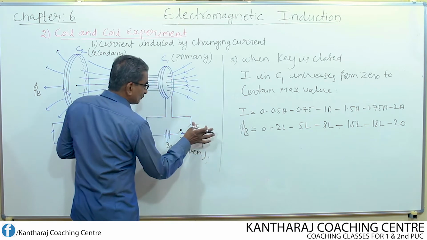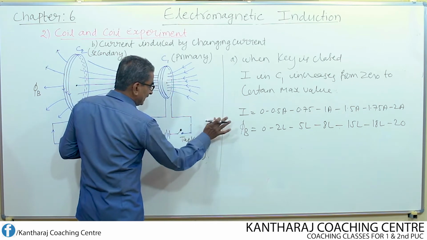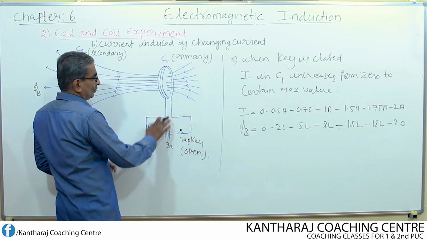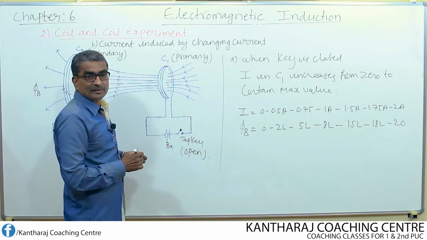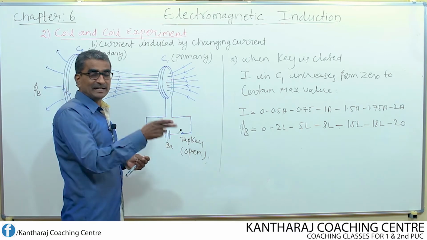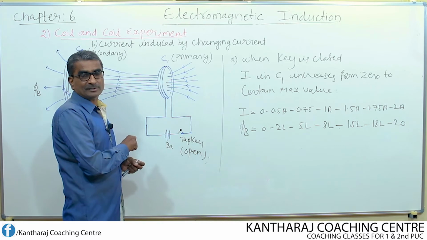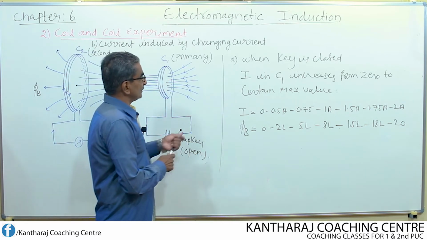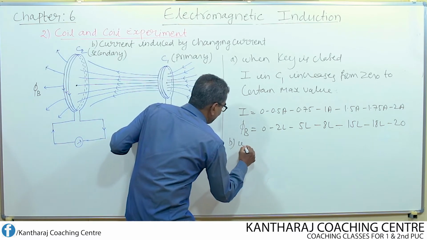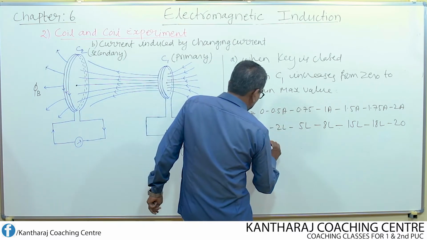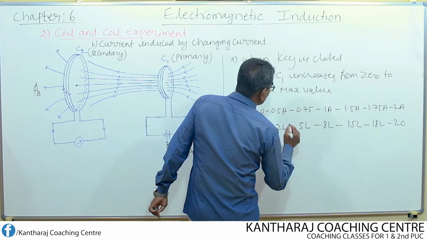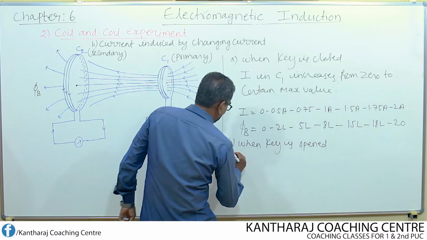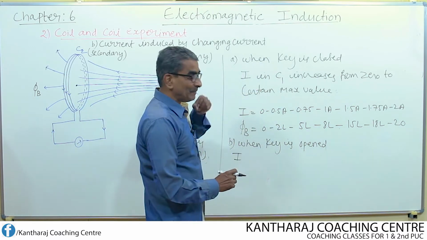When the key is opened, no current can flow. But the current, which was maximum initially when the key was closed, now starts decreasing from maximum to 0. So let us write that when the key is opened, the current decreases from the maximum value.